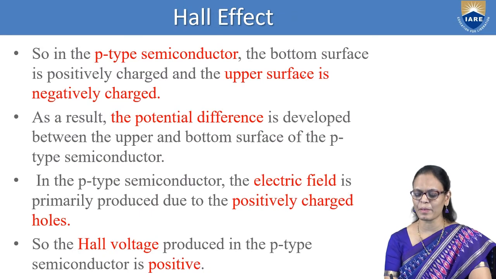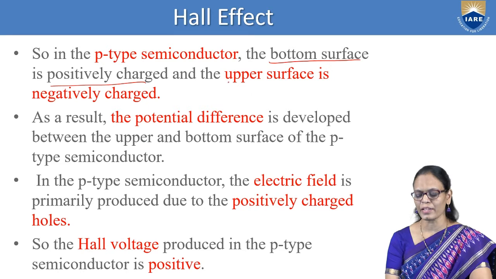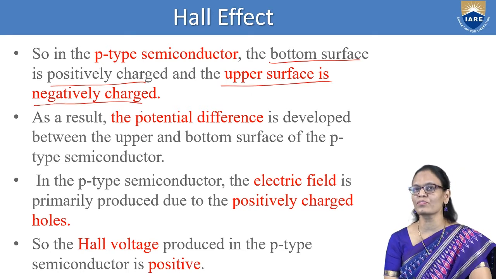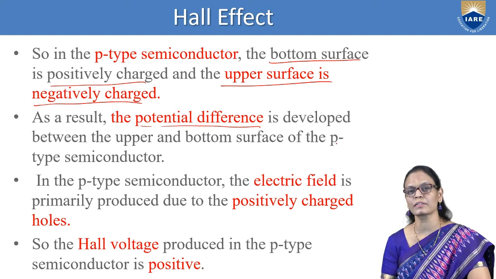So in a p-type semiconductor, the bottom surface is positively charged and the upper surface is negatively charged. So as a result of this separation of charges, there is a potential difference that is developed between the bottom and the upper surface of the p-type semiconductor.